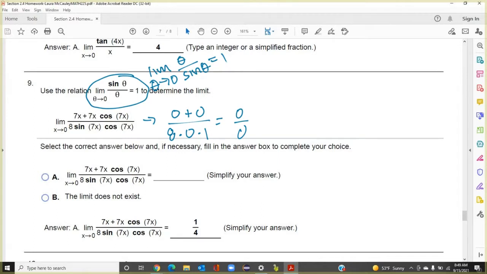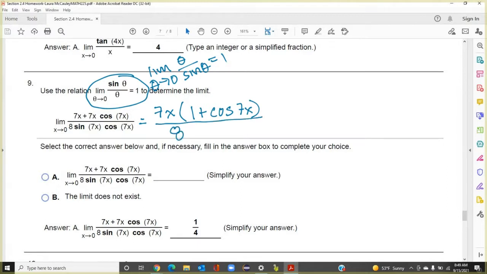We know that there's something we can do to manipulate this, so we're going to play with it. What we're going to do is try to get these sine theta over thetas, these kind of matching places. First, do notice that the top factors, so I'm just going to factor a 7x out of the top. That leaves me with 1 plus cosine 7x.